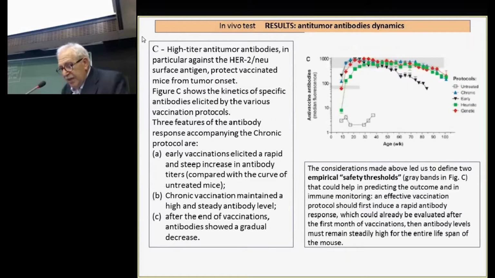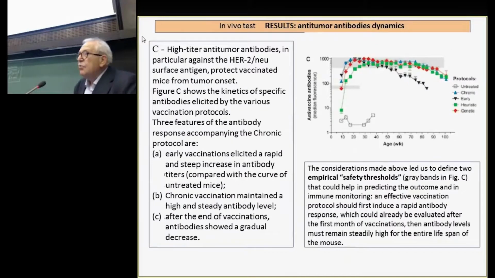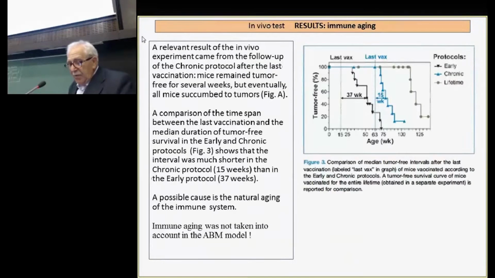It was also quite good at controlling the antibody levels. And when we checked, we discovered that what was not taken into account in the model was the aging of the immune system.